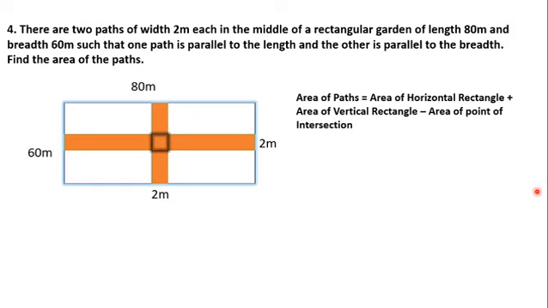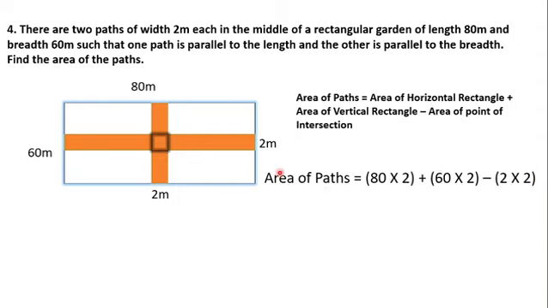Okay, so the area of the paths will be the area of a horizontal rectangle. We know that area is length times breadth. The length of the horizontal rectangle right here is 80 meters because it's just the same length as the length of the main rectangular garden.